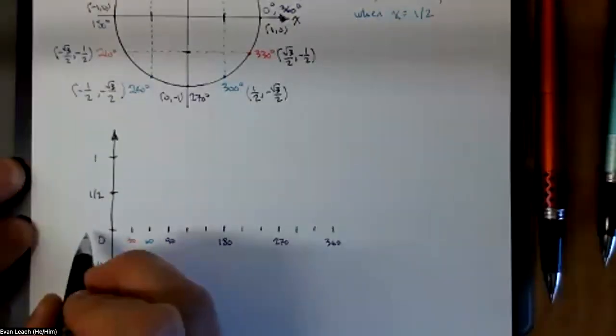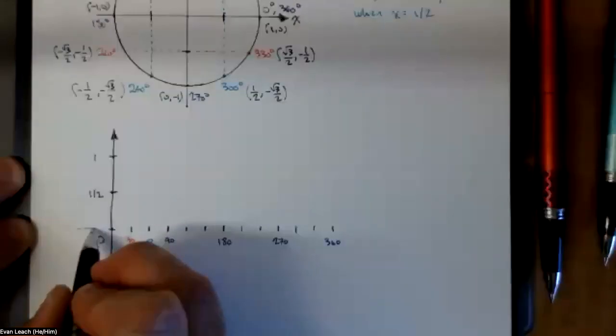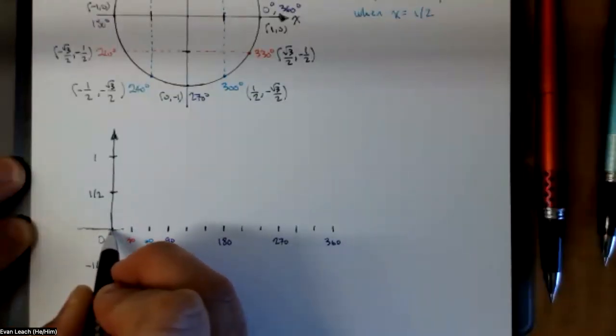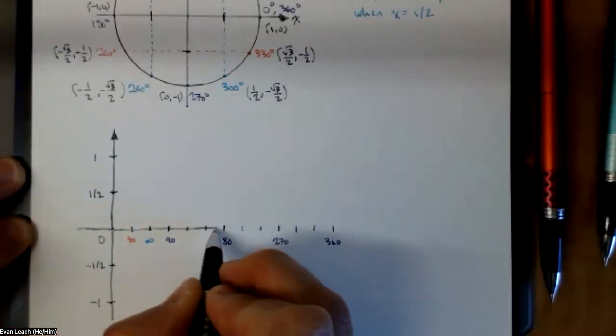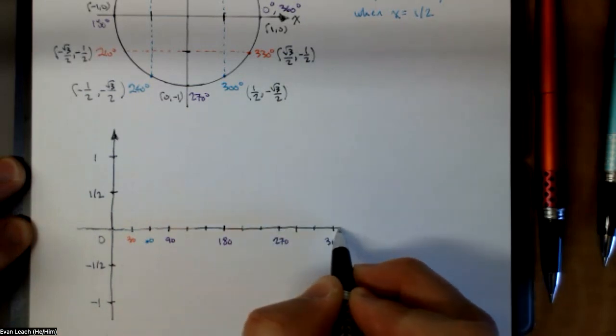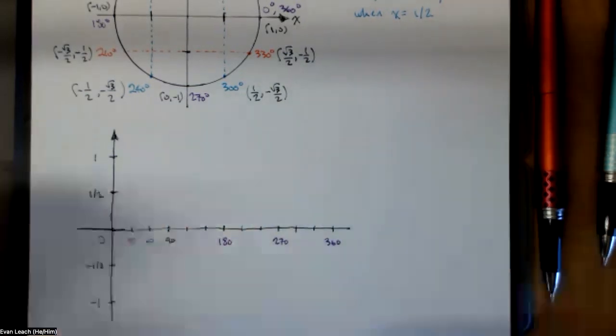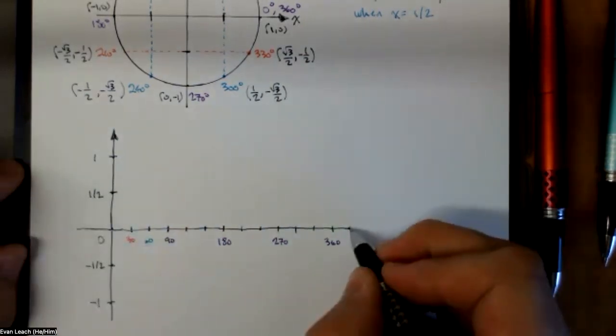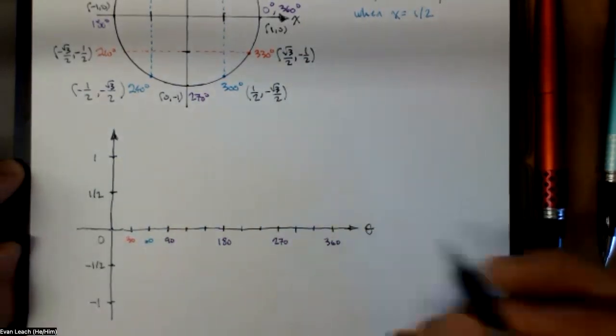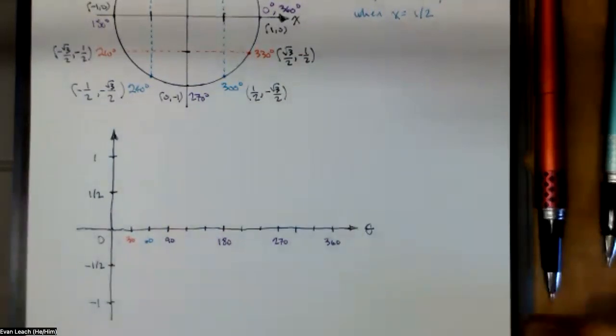Then I'm going to try to draw a horizontal line. So I'm putting theta on my horizontal axis.